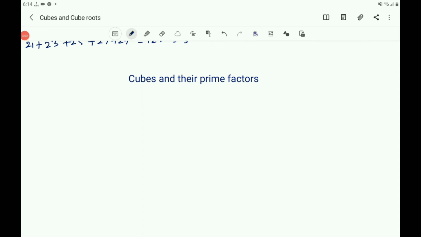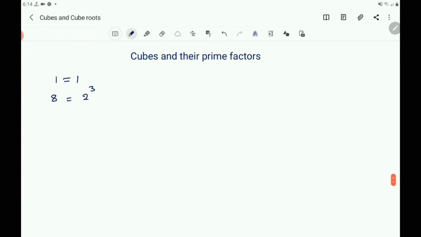Let us observe the cubes and their prime factors. Take 1, and you know that its factor is 1. Next cube number is 8. 8 is 2 cube. Next cube is 27, 3 cube.